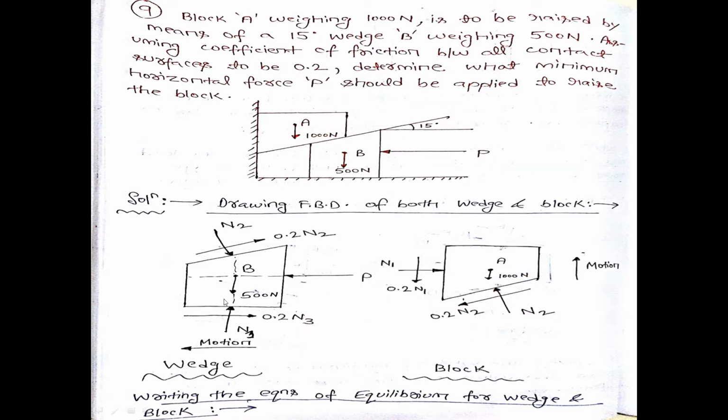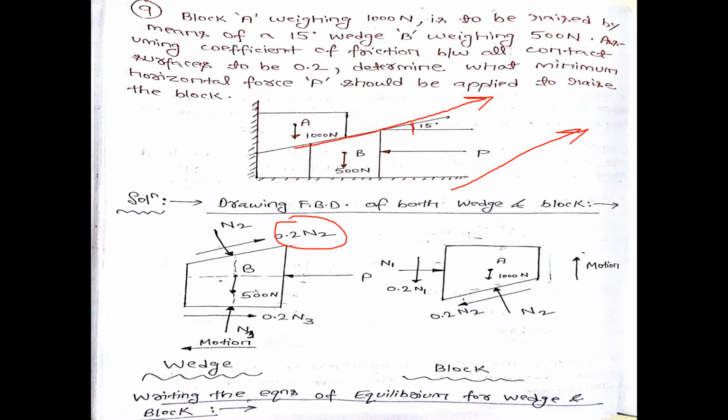But before writing down the equations of equilibrium, let us resolve some forces which are not directly acting along x and y axis. We can see that this force, this 0.2 N2 force, is acting in this direction.